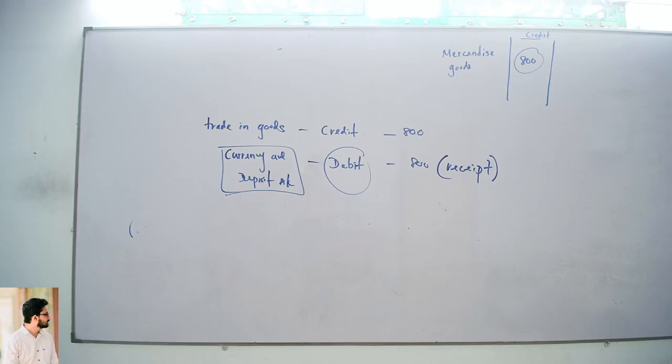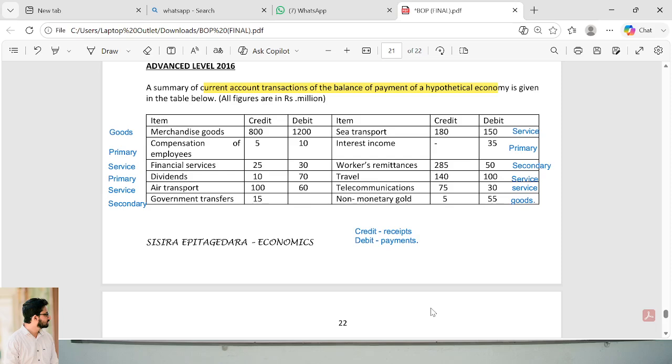Then remember, all credit entries show the cash receipts. Credit means cash receipts.